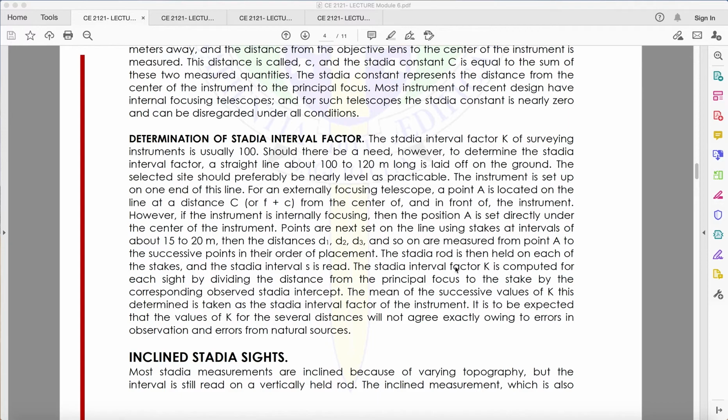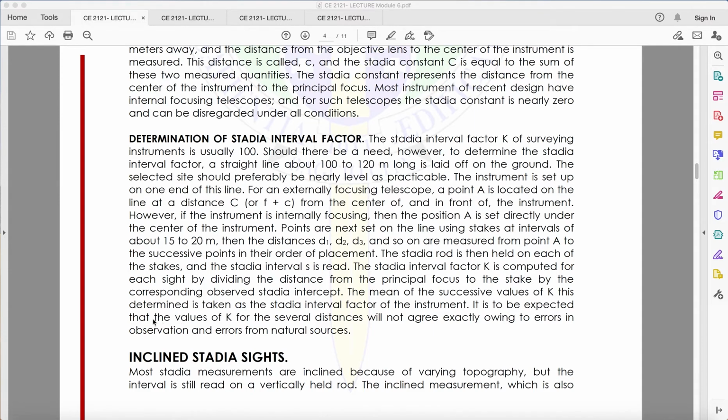The stadia interval factor K is computed for each site by dividing the distance from the principal focus to the stake by the corresponding observed stadia intercept. The mean of the successive values of K thus determined is taken as the stadia interval factor of the instrument.